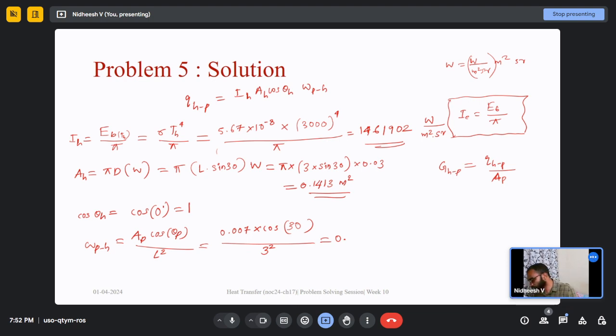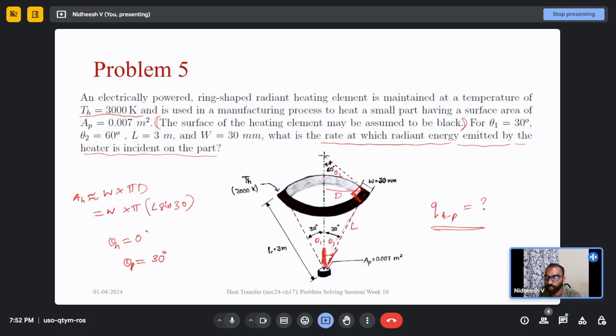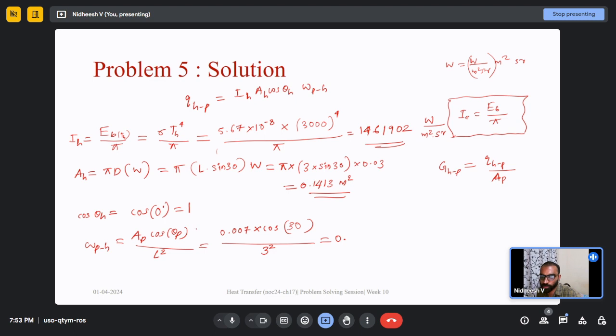What was the area again? Area of the part is 0.007, right? 0.007 into cos of 30 divided by 9. It will be a small value, right? 0.00067. I am getting this value.